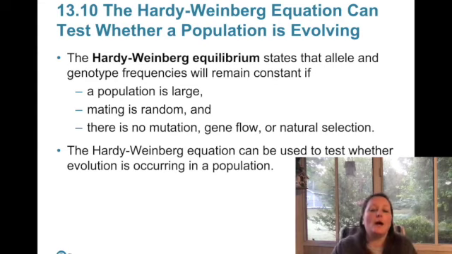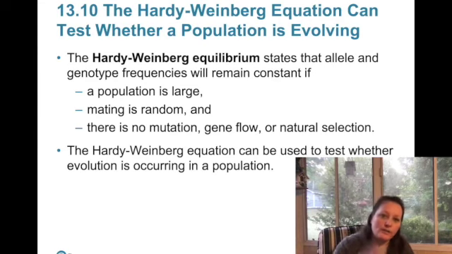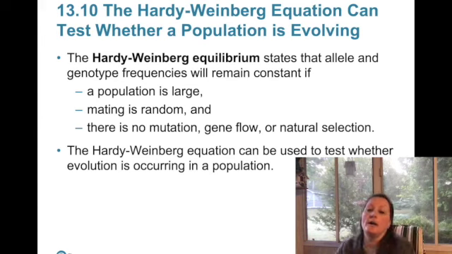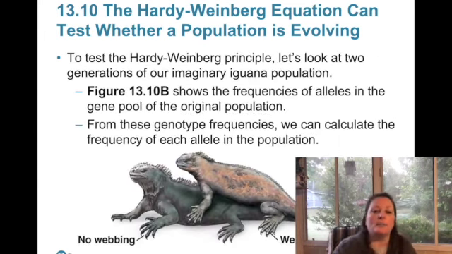The Hardy-Weinberg equilibrium states that allele and genotype frequencies will remain constant, equilibrium, if a population is large, mating is random, and there is no mutation, gene flow, or natural selection. That means all of those have to take place for nothing to change. The Hardy-Weinberg equation can be used to test whether evolution is occurring in a population.